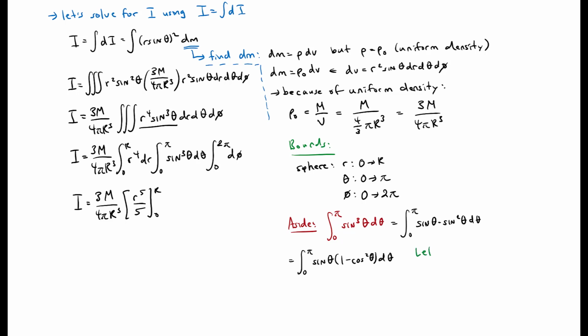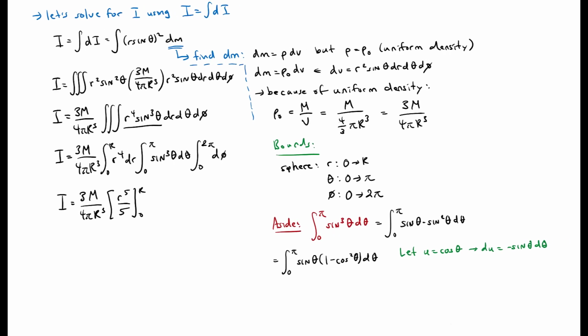So we're going to let u equal to cosine of theta, which means du is equal to negative sine of theta d theta. One thing about this, I can use this to replace sine theta d theta. So that would simply be negative du equals sine theta d theta.